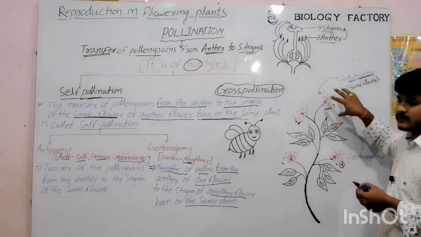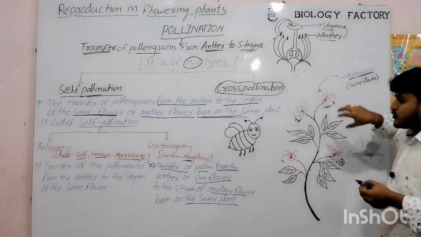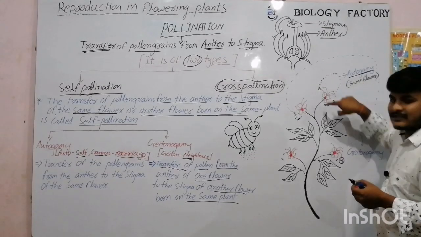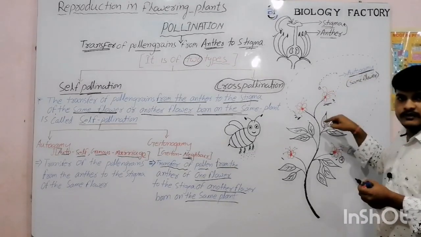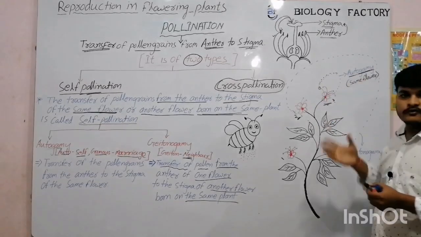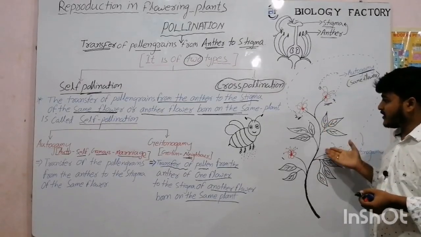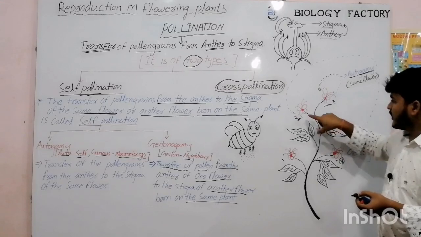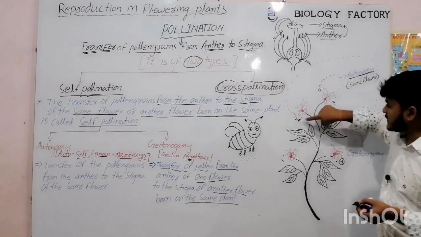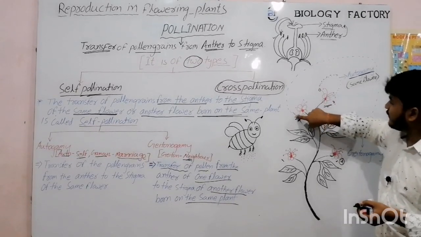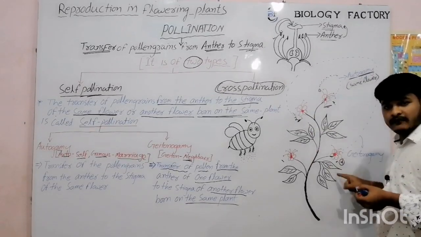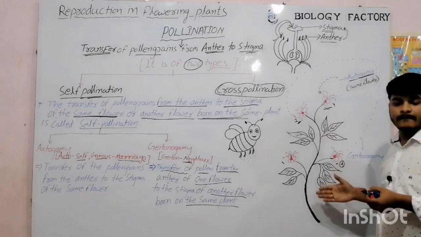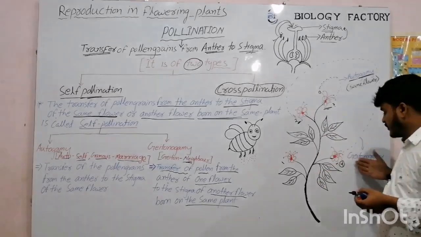Here the pollination takes place in autogamy. We also saw that the pollination takes place in this flower itself. That means the anther is in this flower and the stigma is also in this flower. So this flower is also a bisexual flower. But in the other way, if the transfer takes place from the anther of a flower to the stigma of another flower, that means it is the neighboring flower but the plant is the same, then it is known as geitonogamy.